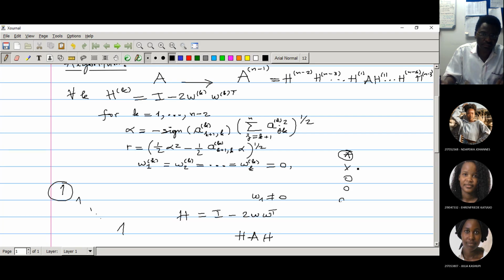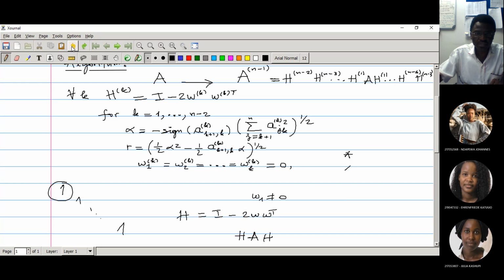Similarly, when I move to the second position, I want this entry to be kept. So that's why I maintain this 0 and create a 0 in the entry of w, so that it will not come and modify this entry. I hope you understand.